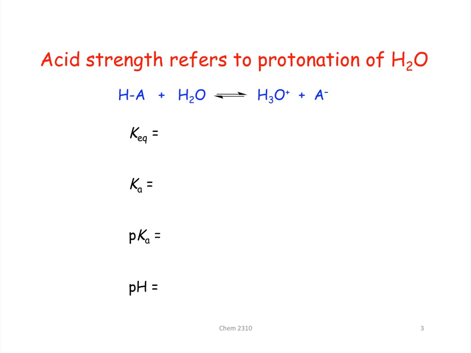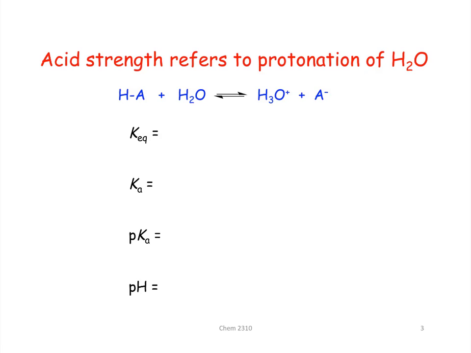All right. Let's remind ourselves of some of the relationships that we've already learned about acid-base chemistry. Okay? For all equilibria, we can describe something called the equilibrium constant, right?